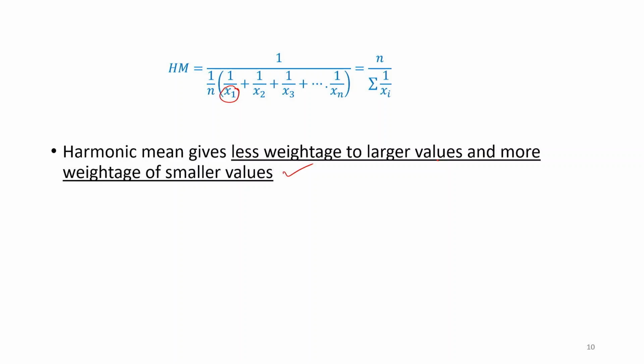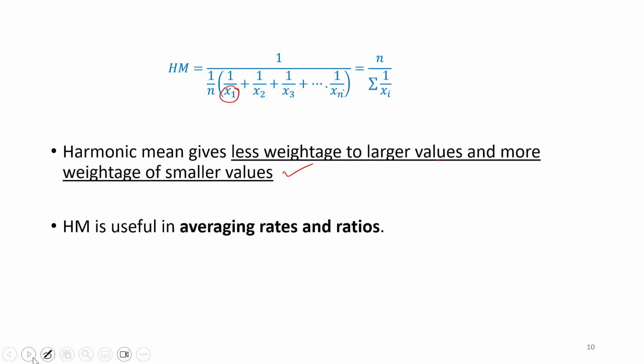Whereas if xn or maybe x3 is very large, because you are taking the reciprocal, it is going to be very small. So there could be situations where we need to give more importance to the lower values than the larger values. And we'll take an example and I'll show you where it is important.